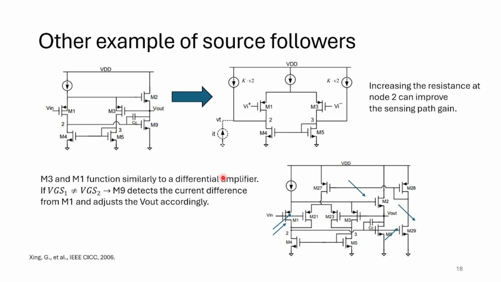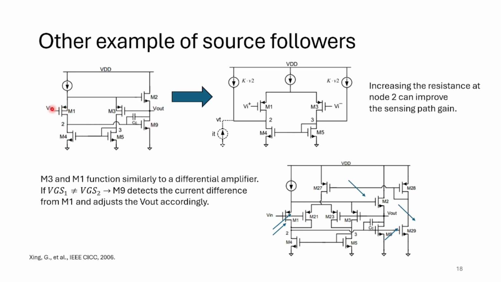Another example is a buffer using a differential pair. Here you see M1 and M3 are the differential pair, and this is the tail current. In a differential pair in common mode, Vin and Vout follow each other, and the gate-source voltages of these two should always stay equal. To make this happen, when there is a variation in the input, this variation is conveyed through the feedback to here.